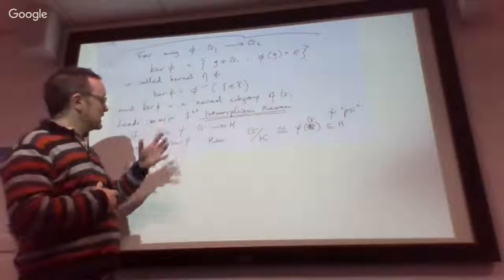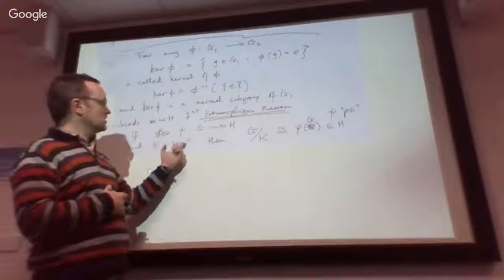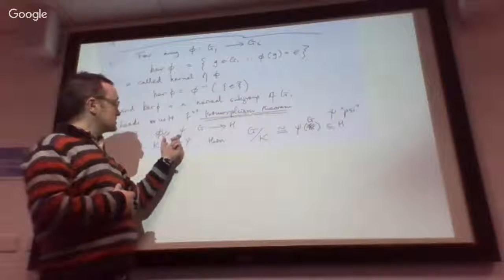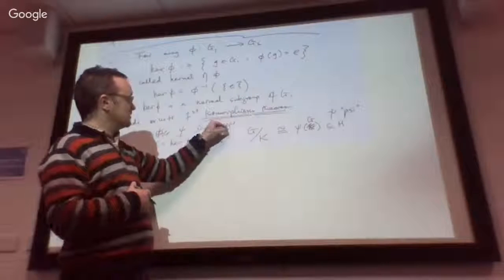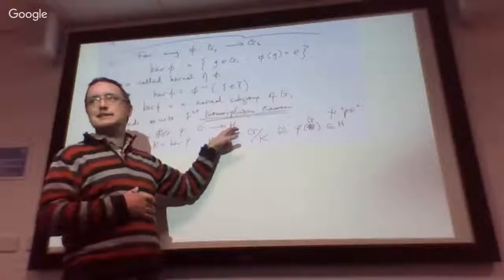Well, which subgroup are we using to build the cosets here? We're using the kernel of psi. Psi might be a non-injective homomorphism. It might take a bunch of elements in G and send them all to the identity element.